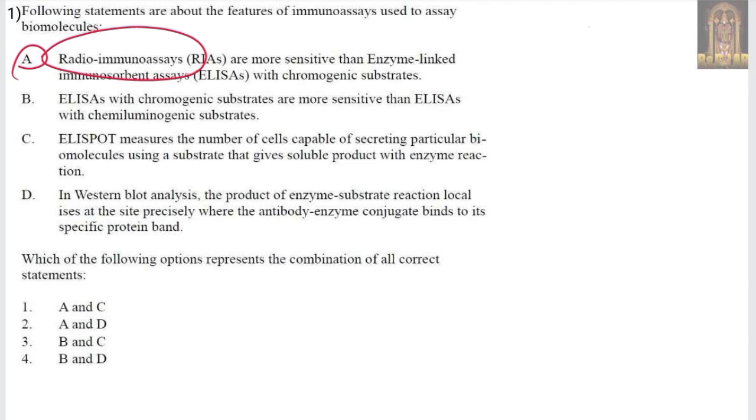So as a substrate, the radioisotopes are very efficient to detect the target. So this should be the most efficient thing. Also, it has some health hazards. That's why today there is not that much use of this kind of thing.